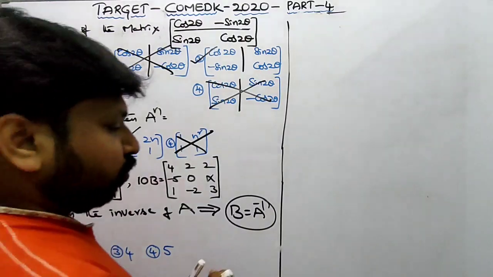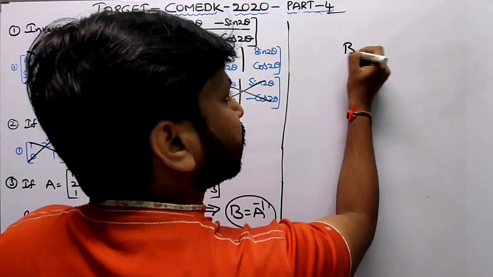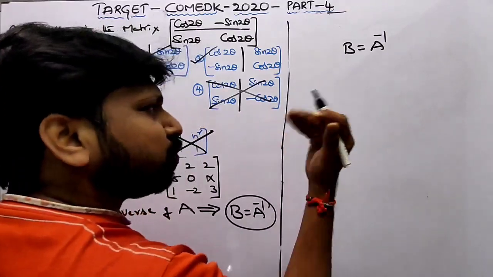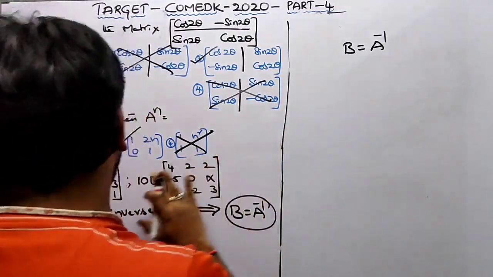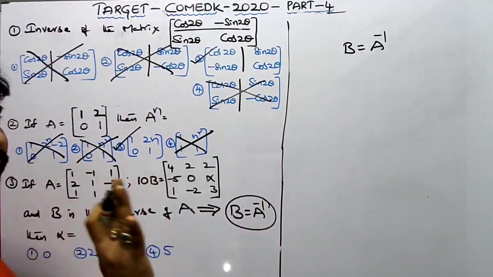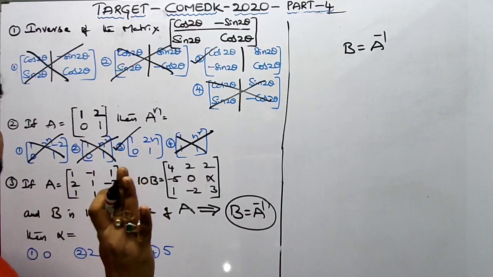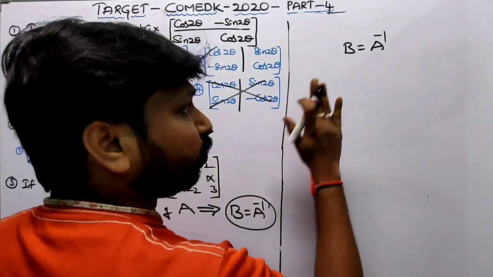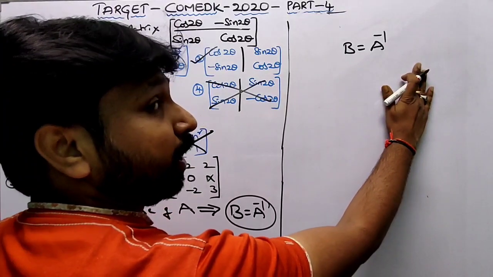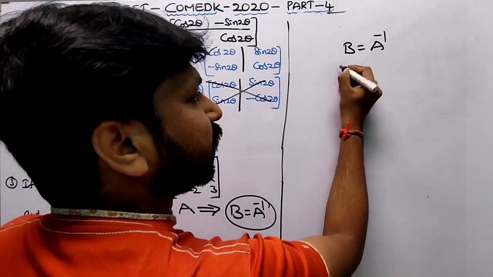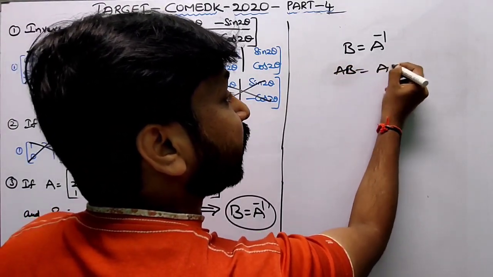Look carefully. So now B equals A inverse. No need to find out A inverse and all. You have logic, you have formulas, according to that you have to apply. Now I want to multiply both sides by A. If I multiply both sides by A, AB equals A A inverse.